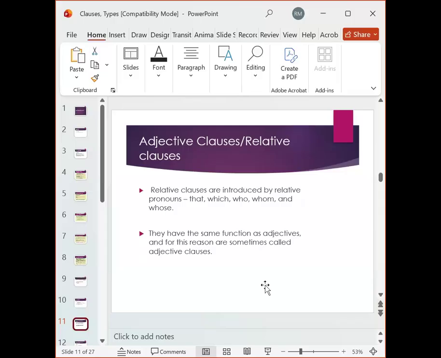So that's why I'm not drawing attention to, okay, so which, who, whom, they are relative clauses. No. Identifying the type of clause often depends on the context it has been used. Okay, it depends on the context it has been used.